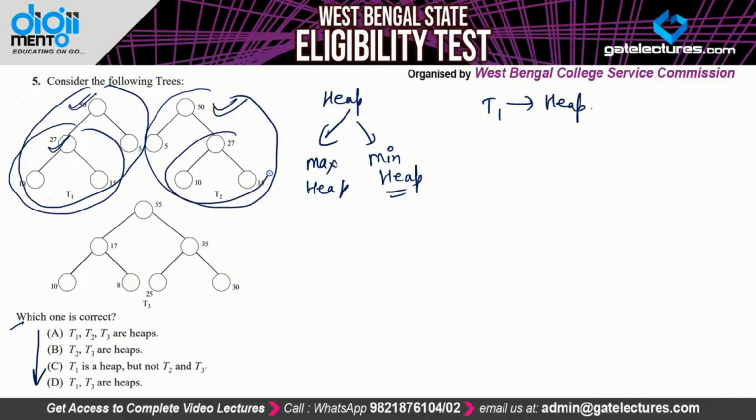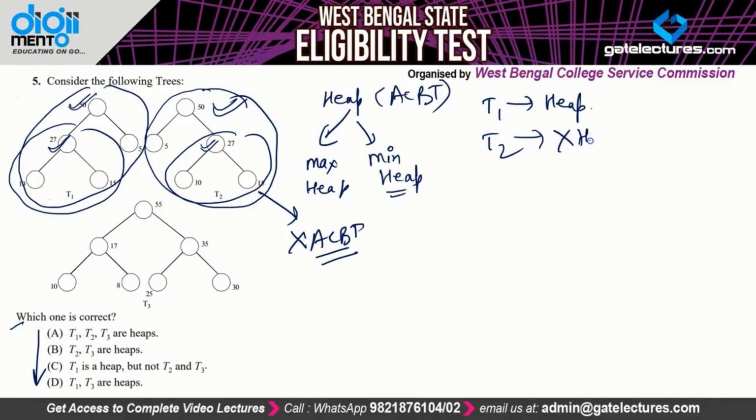But the problem is, this is not an almost complete binary tree. Heaps are generally almost complete binary trees only. Because this is not an almost complete binary tree, it is not a heap, even though every root node is containing the maximum data. So it is not representing a heap.